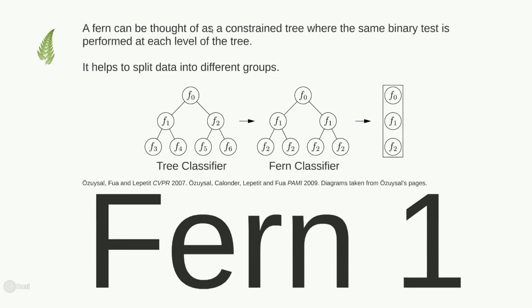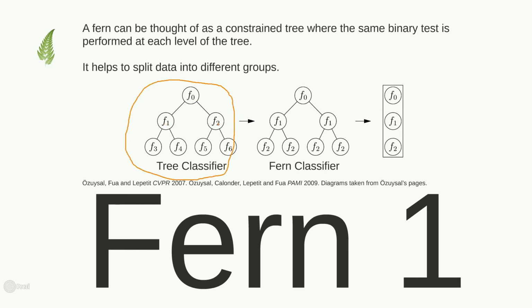So now, what is the fern? A fern can be thought of as a constrained tree where the same binary test is performed at each level of the tree. It helps to split data into different groups. So here on the left-hand side, we have a classification tree.